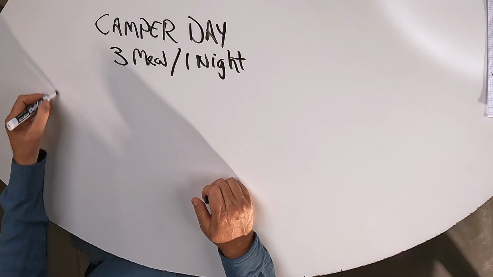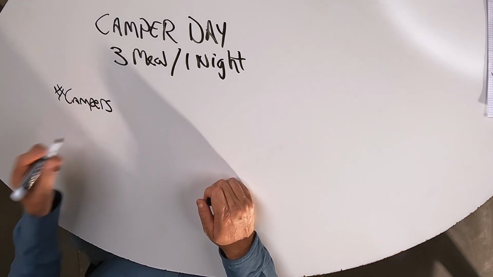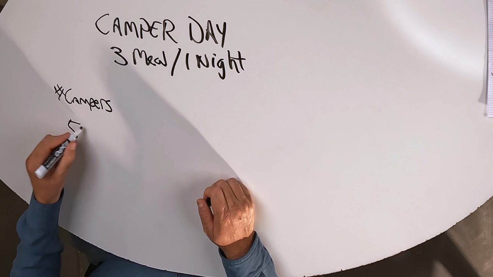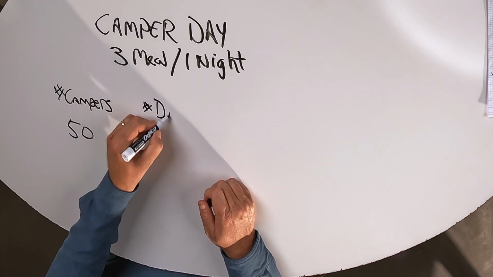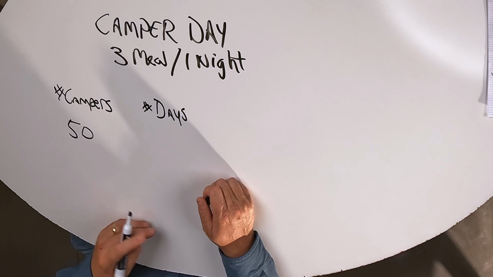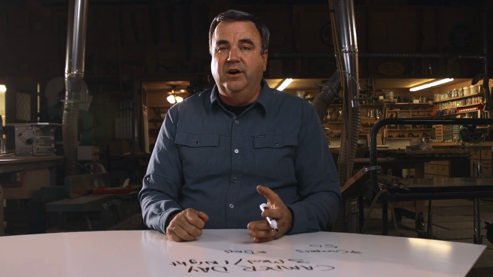One of the things that we're going to figure out is what is our camper day number. So you take the number of campers that we have. Let's say that we have 50 campers, and we take the number of days that they are on the property, and let's say a standard camp for us would be a Thursday dinner through a Saturday breakfast.